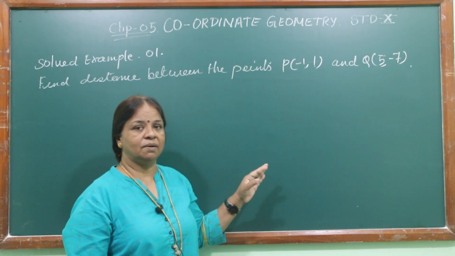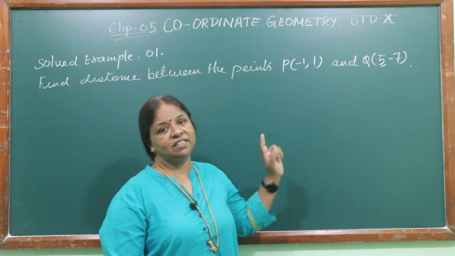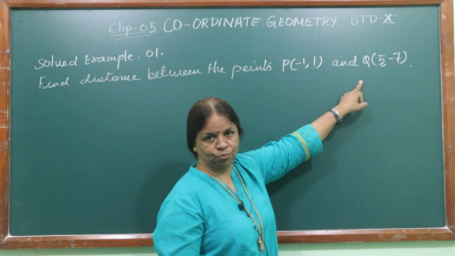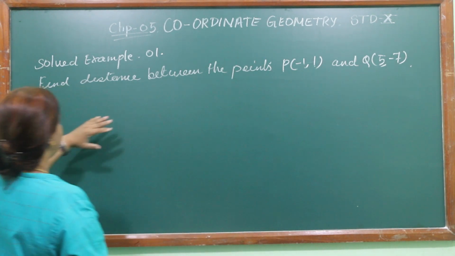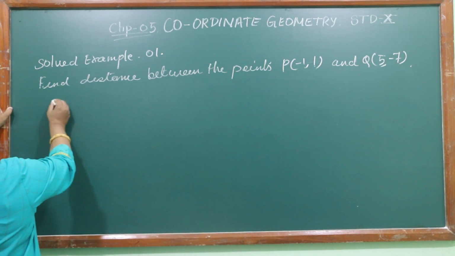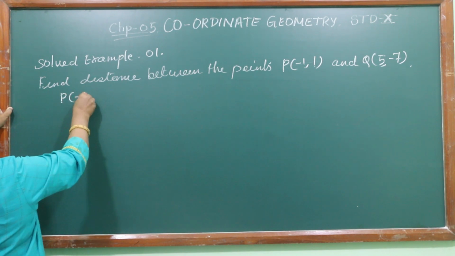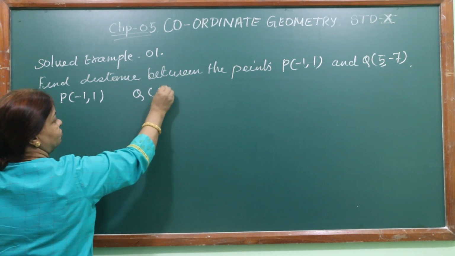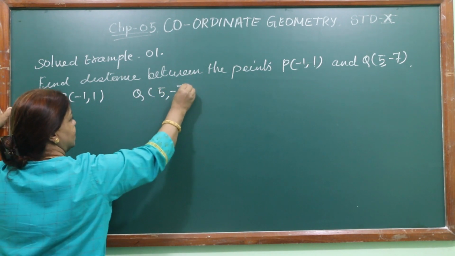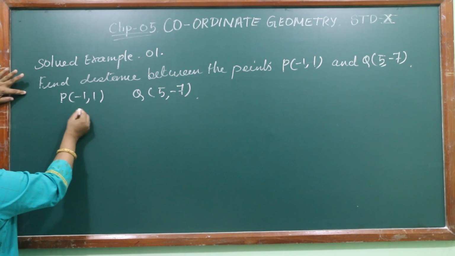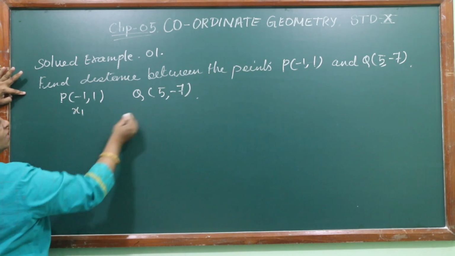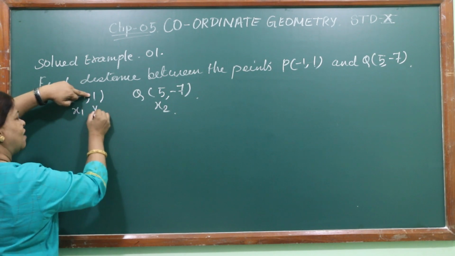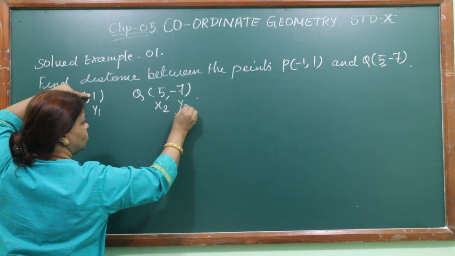Now in this solved example we are going to make use of that distance formula for finding the distance between P and Q. So let us assume, children, point P is minus 1, 1 and point Q is 5, minus 7. Let us assume this as x1 and this as x2, this as y1 and this as y2.